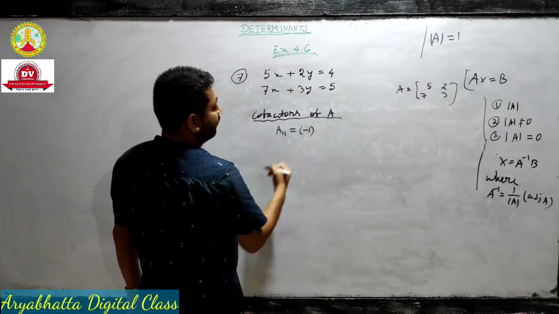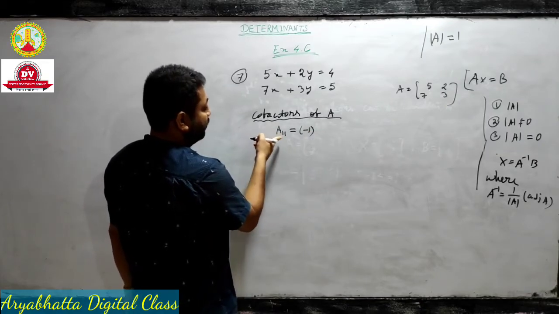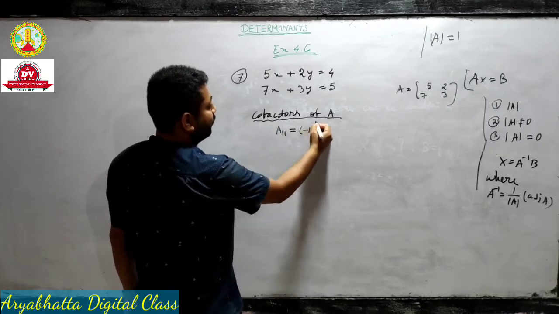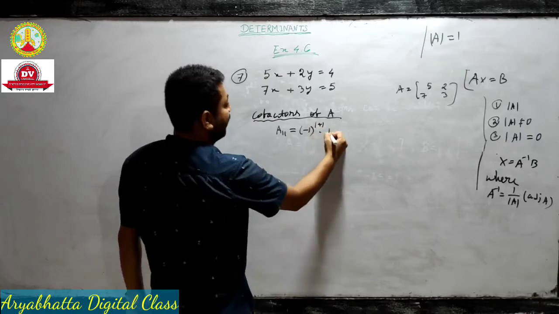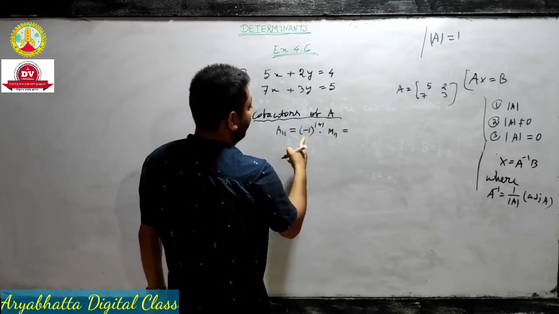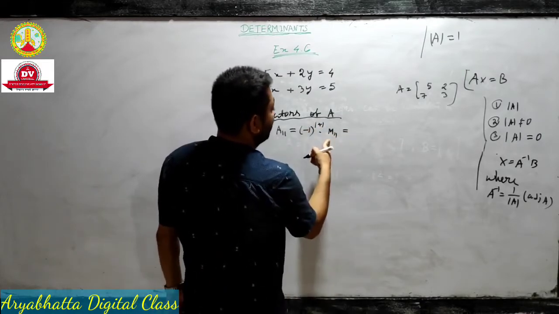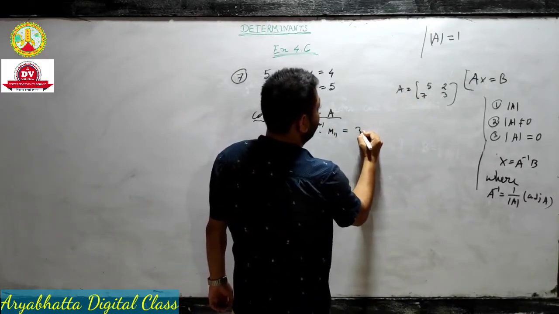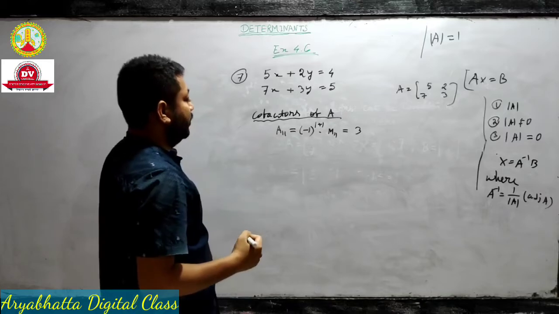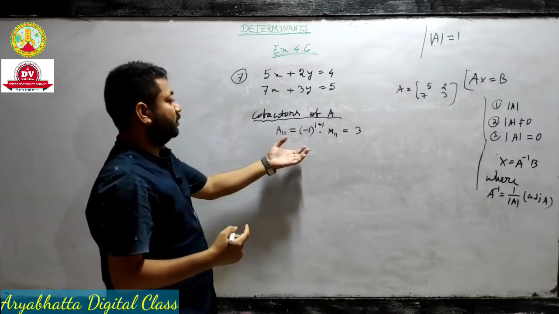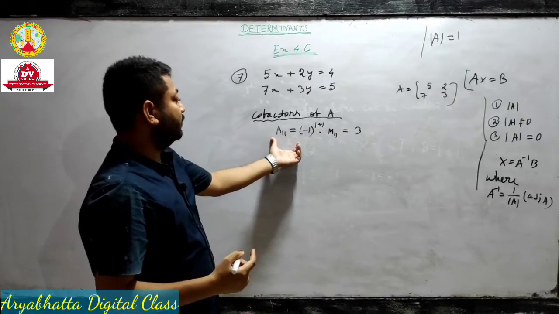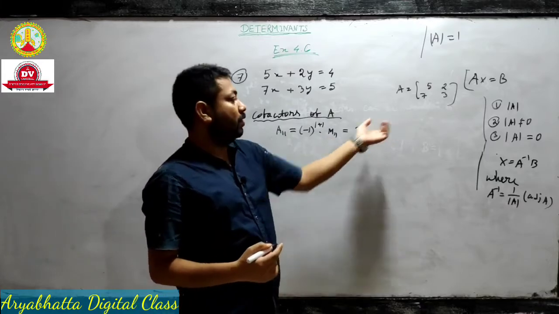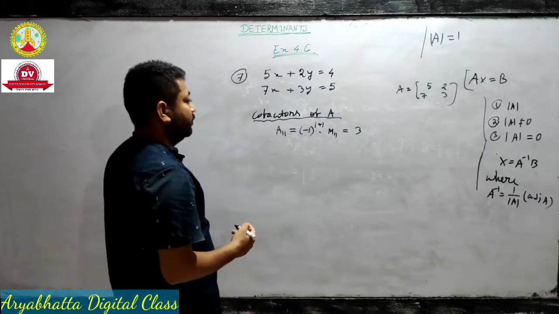A11 is equal to, we have already learned, minus 1 whole to the power 1 plus 1 into M11, minus 1 whole to the power 2 into M11, is equal to 3. In the previous class we have learned how to find the cofactor or minor of a matrix.